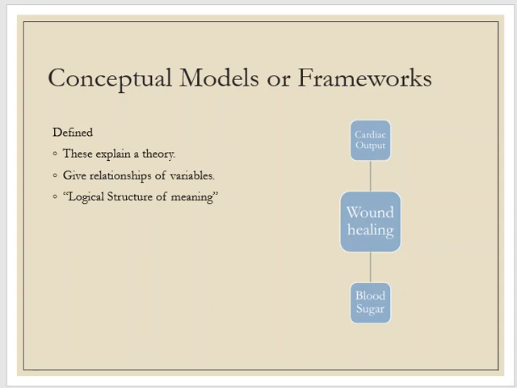Wound healing is my end goal on this slide, and cardiac output and blood sugar both influence wound healing. So I set the infographic up on the slide here with those two components playing into wound healing. You'll notice, though, that there's no relationship between cardiac output and blood sugar, so there are no lines connecting those two things. So basically, this is just a picture of what the infographic would look like.